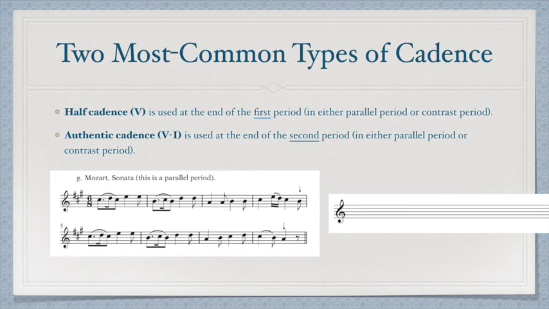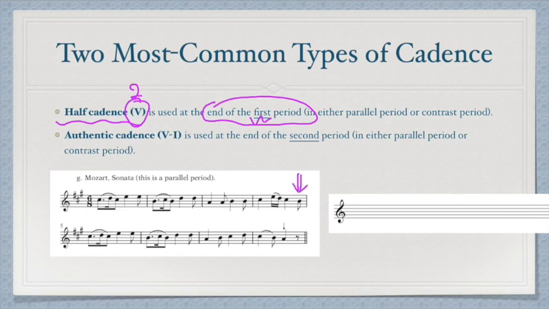After knowing what authentic cadence is, half cadence is used in the middle of the piece. If a music piece contains two periods, then this half cadence is used at the end of the first period, in either a parallel period or a contrast period. A half cadence is just a dominant chord or dominant note.